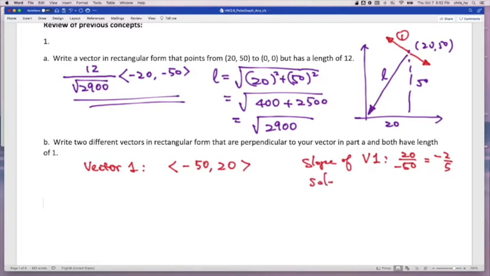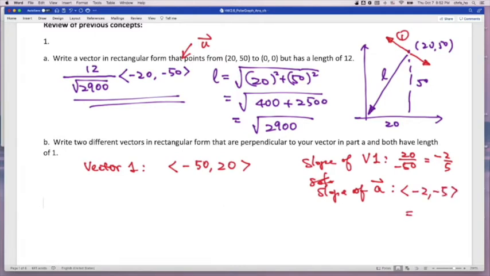And the slope, sorry for the misspell, of the original vector, and let's call that vector A, would have a slope of minus 2 and minus 5, right?